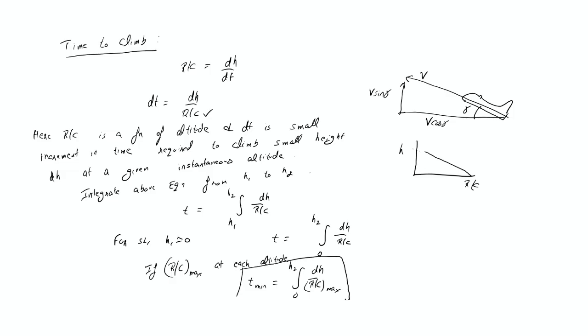Okay, so this is the equation for finding minimum time. Now here students will get a doubt about how to integrate this equation, because R by C maximum is also a function of altitude. Alright, so yes, it is rather difficult to find this analytically. So we can actually do it in a graphical way to find the minimum time to climb.